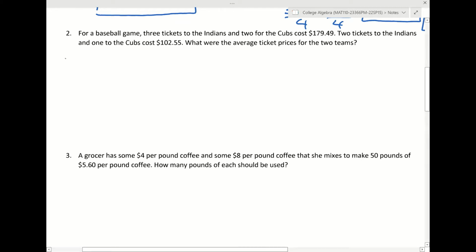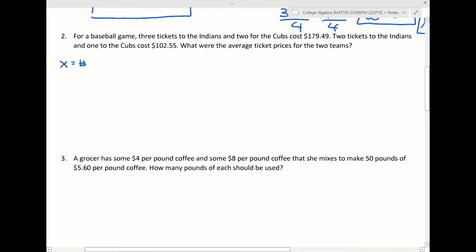If we set it up like this, X represents the price per Indian ticket, and let Y represent the price per Cub ticket.